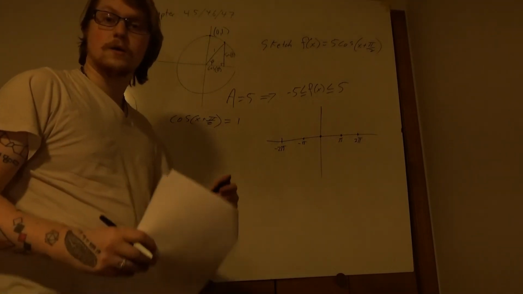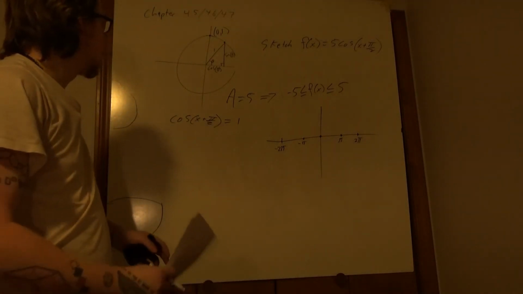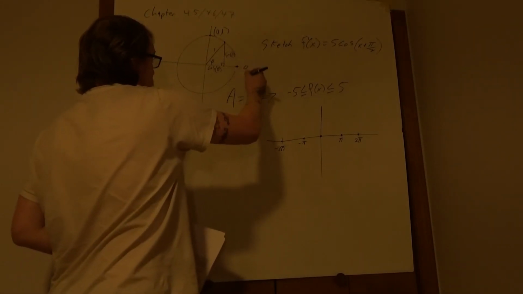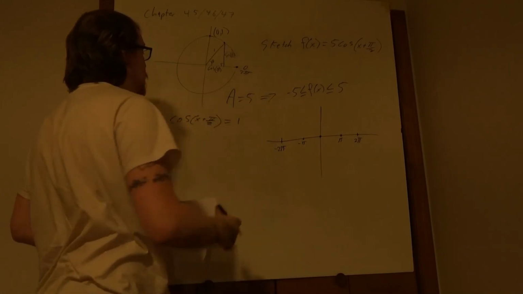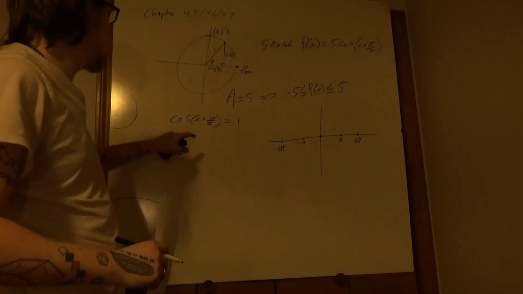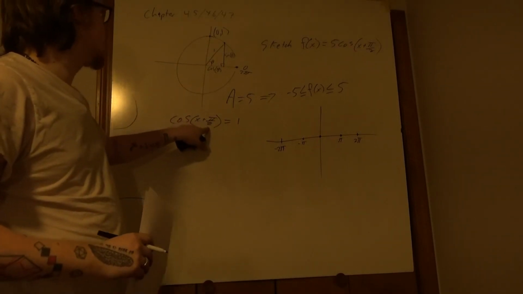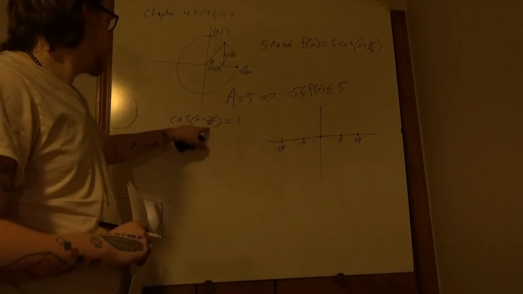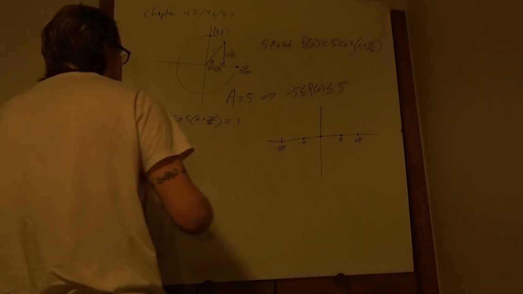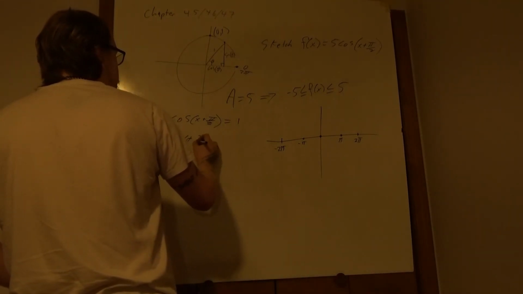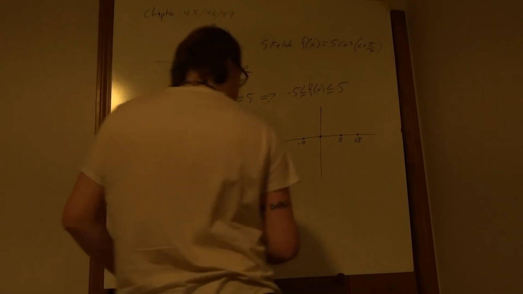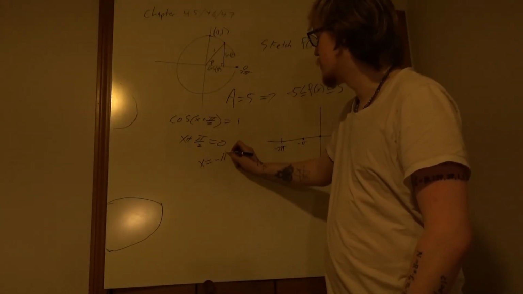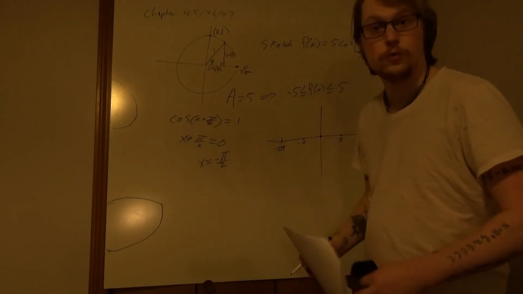Well, I know cosine equals 1 at exactly 0 and 2 pi. So I want x plus pi over 2 to be 0 or 2 pi. Well, if we just do the easier case, then we have x plus pi over 2 equals 0, and we get that x has to be negative pi over 2.